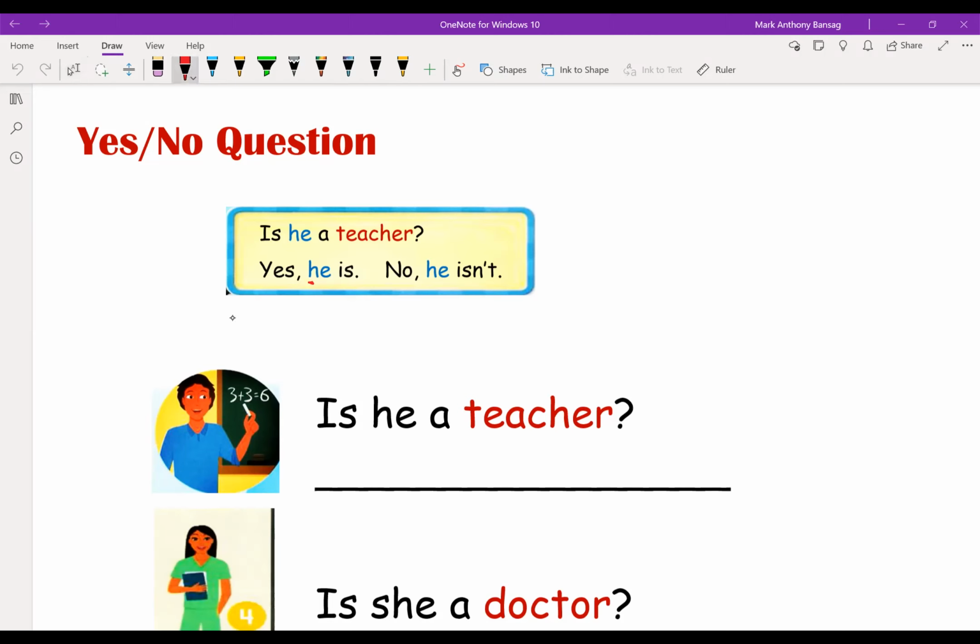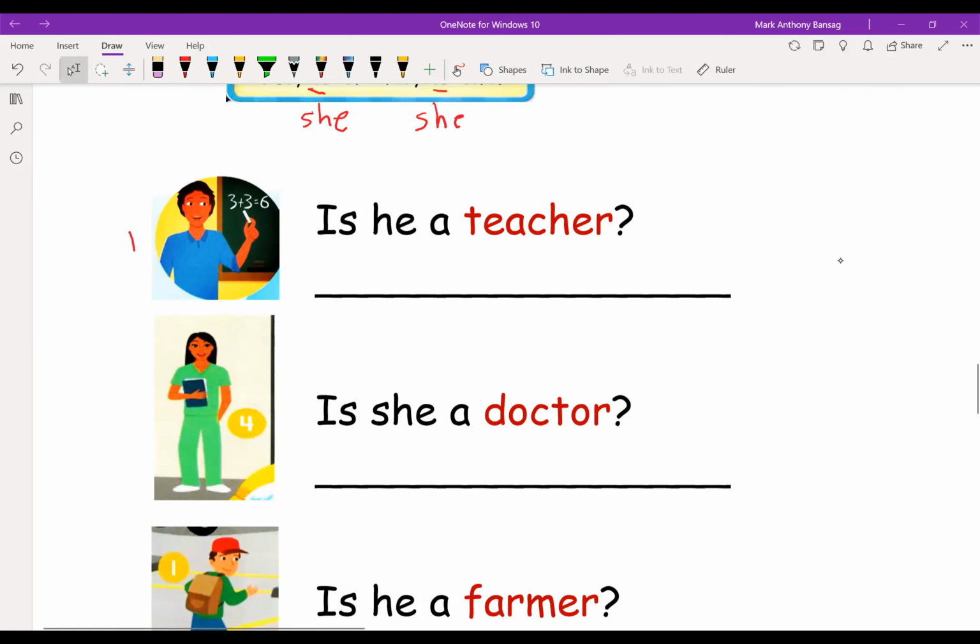So we can answer yes, she is, no, she isn't. And also the question, we can replace by she. So for example, let's say this one is number 1, number 2, number 3.